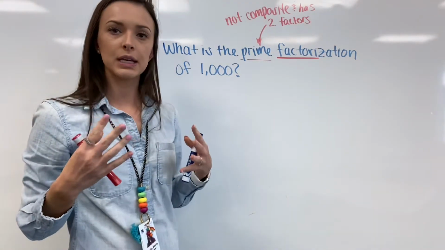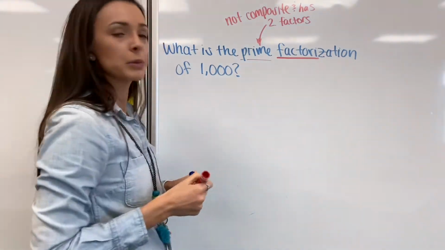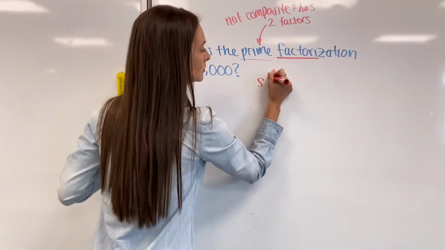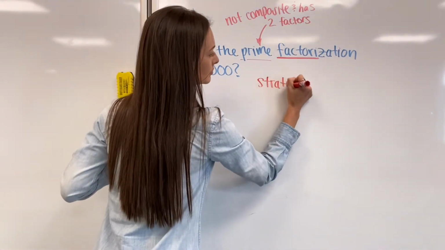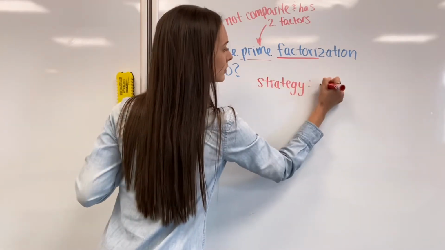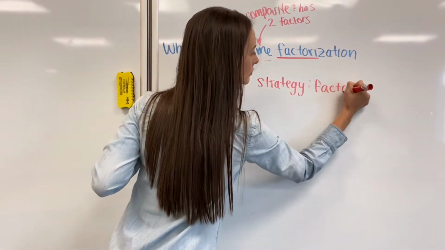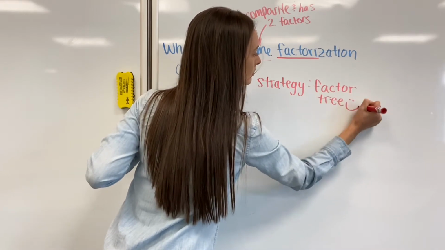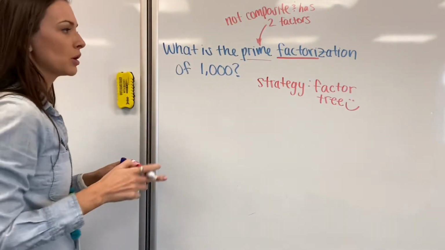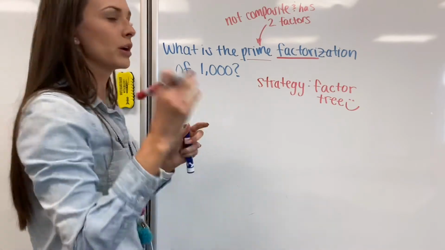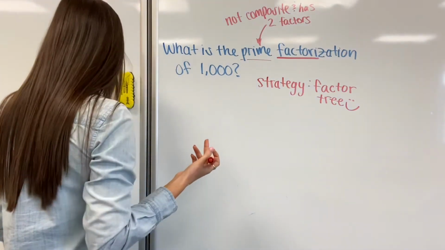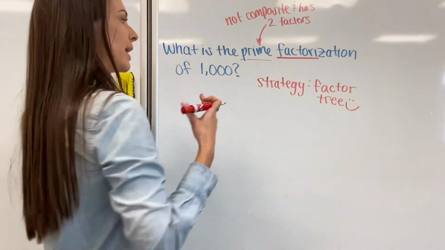So now let's get into that. The strategy that I'm going to be using is called a factor tree. It's called a factor tree because you're drawing branches off of that number to show the decomposition into its multiplied factors.